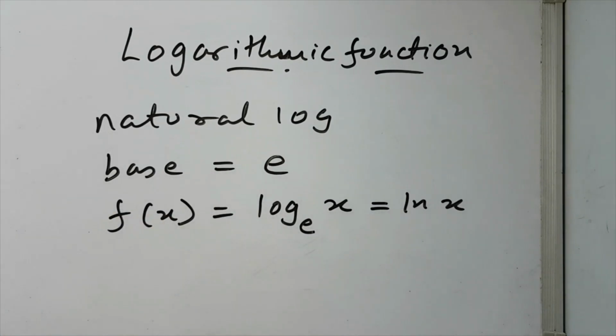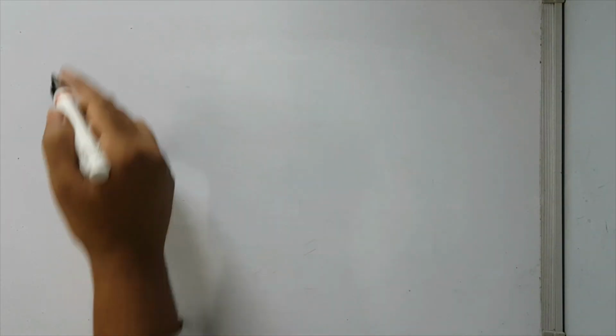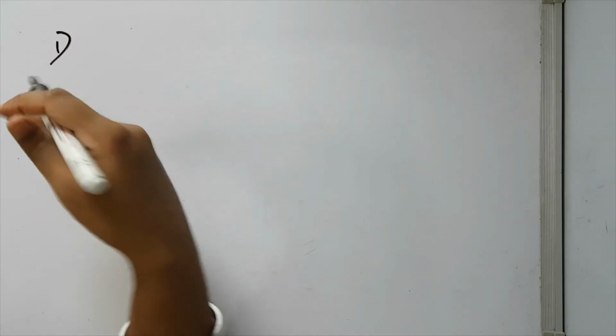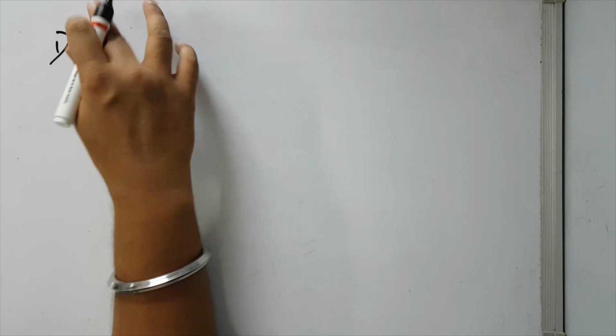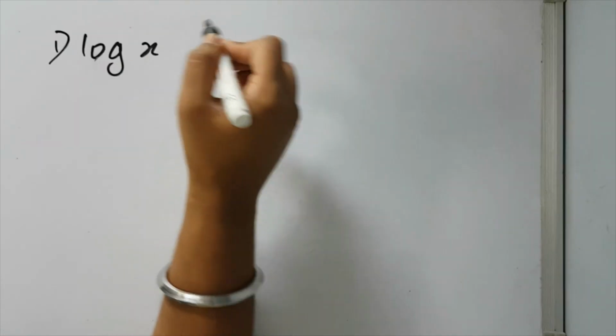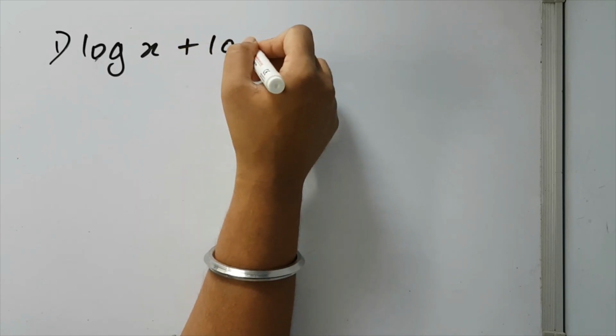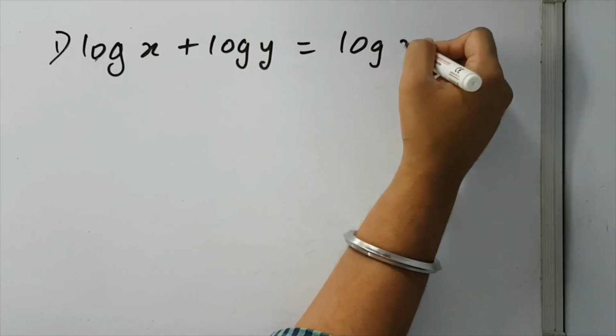Right, now let's look at some important properties of logarithmic functions. The first one that you need to know is log of x plus log of y is equal to log of xy.